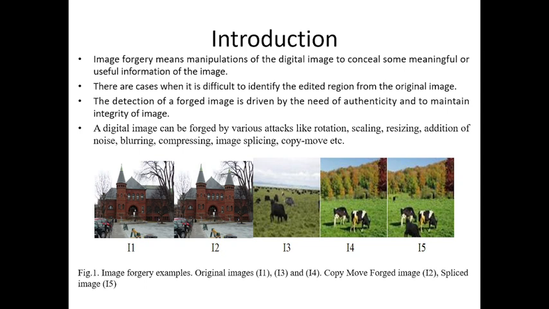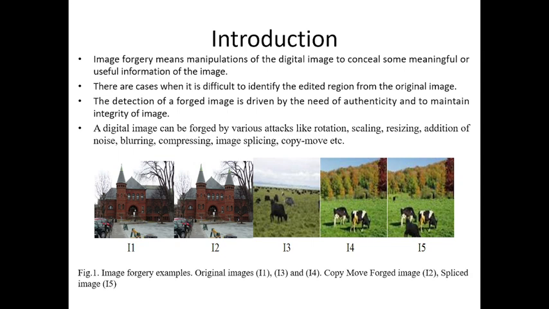Image forgery means manipulation of digital images to conceal some meaningful information or use information of the image. There are cases when it is difficult to identify the edited region from the original image. The detection of a forged image is driven by the need of authenticity and to maintain integrity of an image.